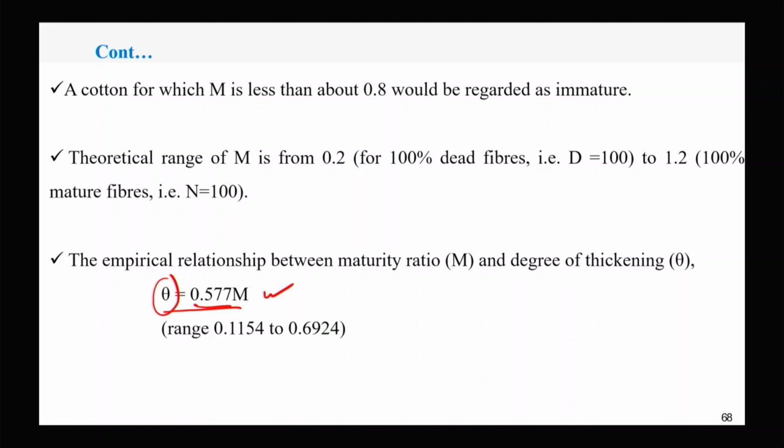As the maturity ratio range is 0.2 to 1.2, we can get the theoretical range for the degree of thickening also.